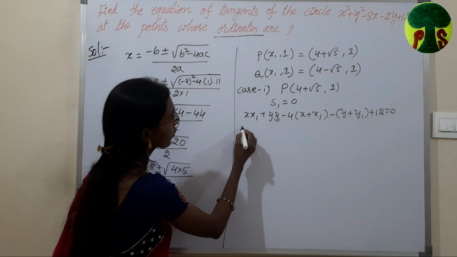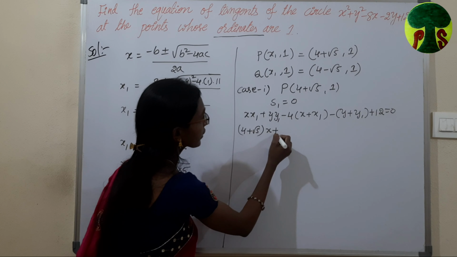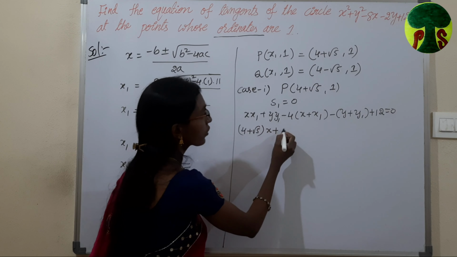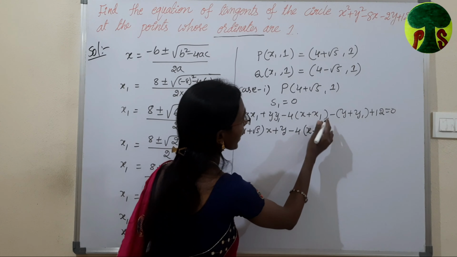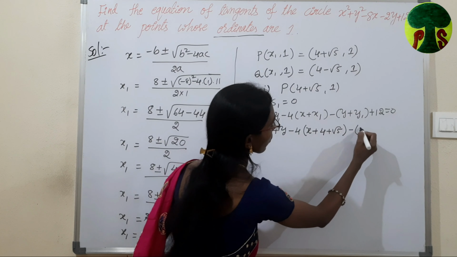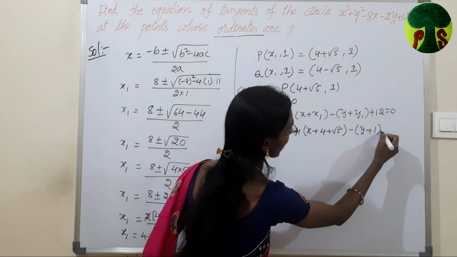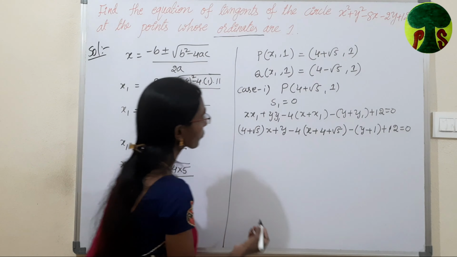So x1 value is 4 plus root 5 into x, plus the value of y1 is 1, 1 into y is y, minus 4 into (x plus x1, which is 4 plus root 5), and minus y plus y1, the y1 value is 1, plus 12 is equal to 0.